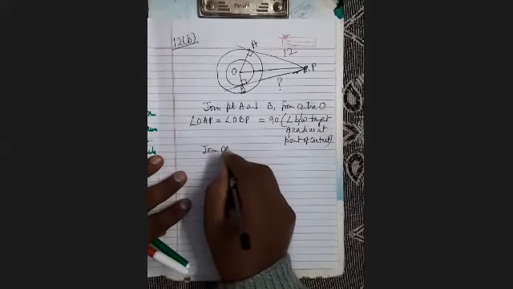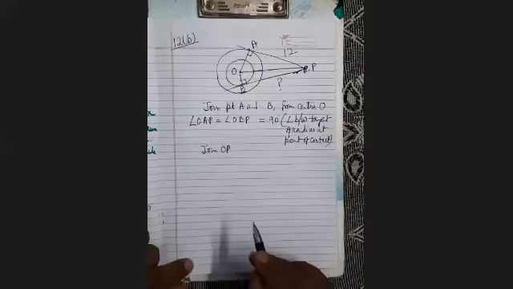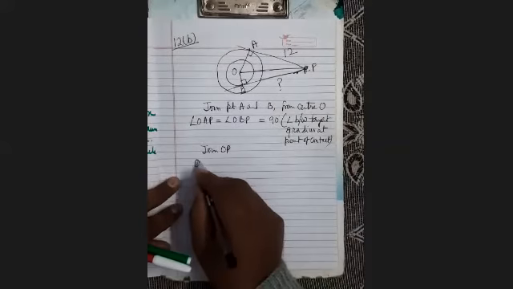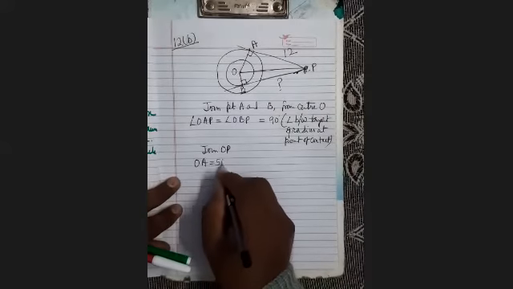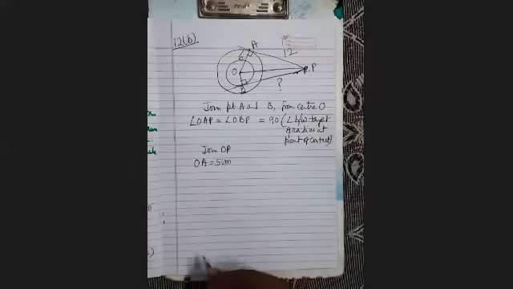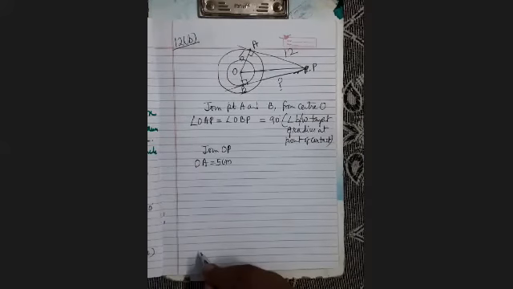Now all of you remember, you have to determine BP. So here OA equals 5 centimeter. Why will it be 5 centimeter? Because this is the bigger radius, therefore it will be 5 centimeter. And OB is given 3 centimeter.